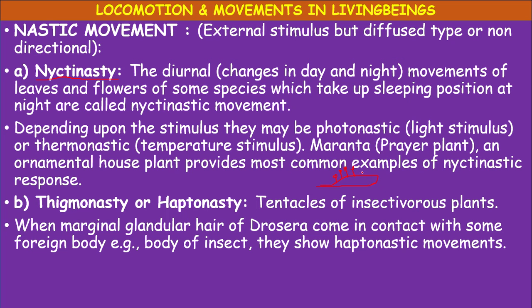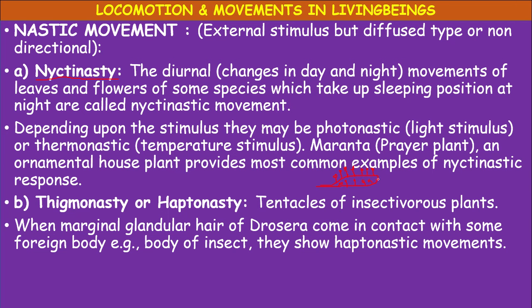These tentacles are glandular hair-like structures of the Drosera plant. They trap the insects. Venus flytrap is also one, and they have some scientific names.